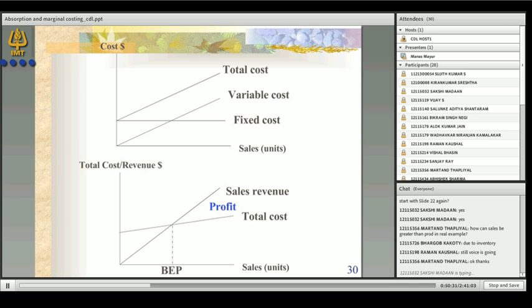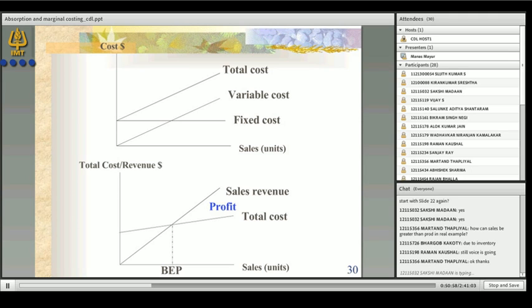here again on the x-axis and y-axis we have the same thing, but in this graph, sales revenue, that is the revenue generated by sales, is also zero at zero units sold. So it starts from zero, like your variable cost, whereas your total cost starts from the level of fixed cost.